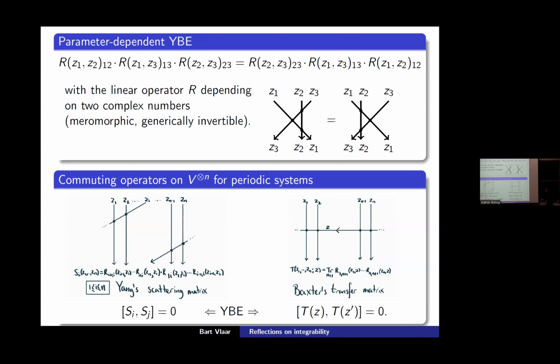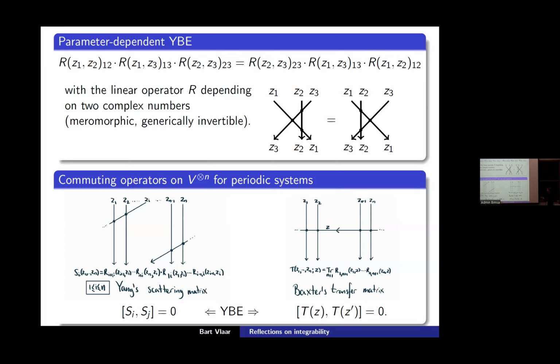And then you can have the idea that the ith particle of a group of n particles goes for a walk, scatters with particles, goes around the back of the circle and comes back on the other side, scatters with some other particles, and comes back to its starting place. So that's a product of R matrices, the combined linear operator. And this is called Yang's scattering matrix.